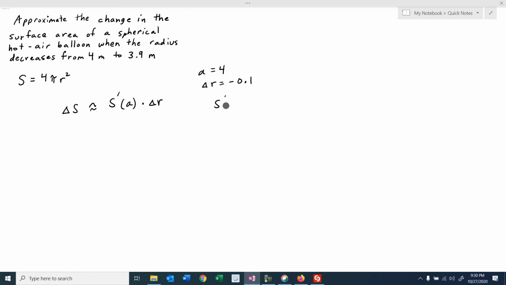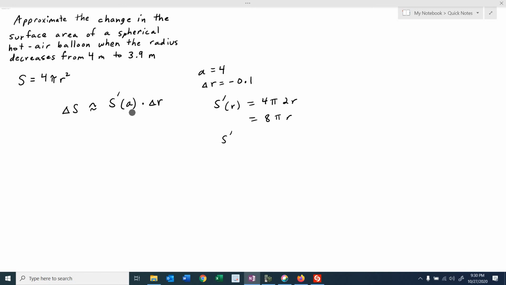Now let's find s prime of r, in other words, the derivative of the surface area formula. The 4 pi is just a constant, so when you take the derivative of this, you get 2r times that constant. And that gives you 8 pi times r.